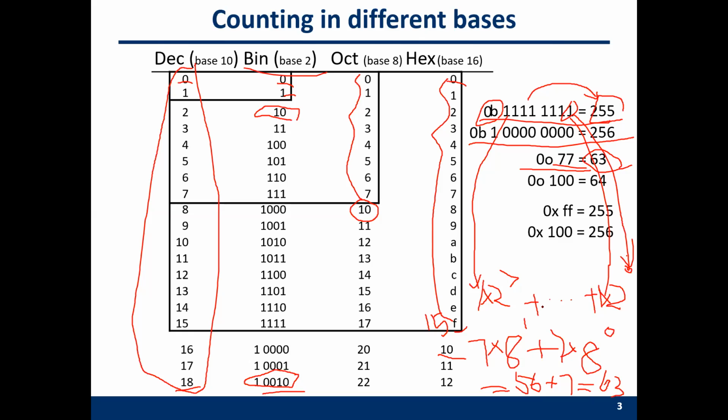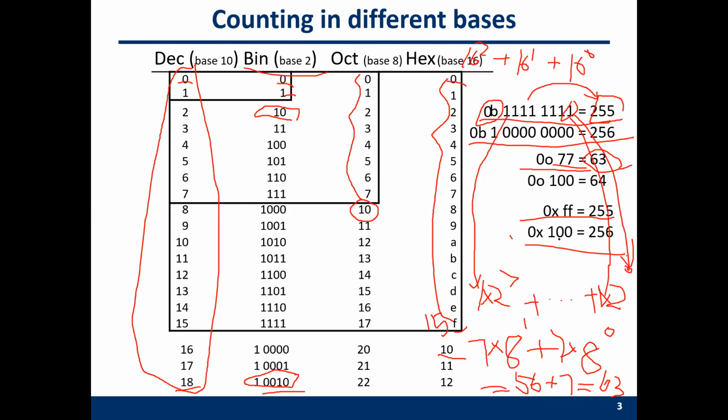So by the same equation and using different bases, we can convert all the numbers in different bases to decimal numbers. So you can calculate these numbers yourself. The only difference is 16 to 0, 16 to 1, and 16 to 2.